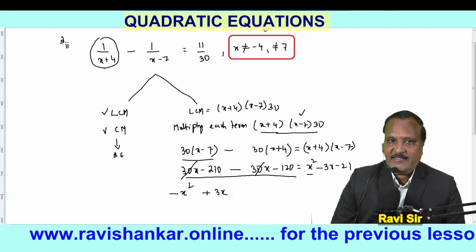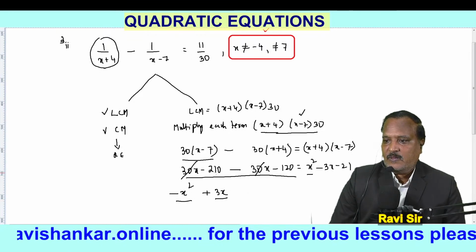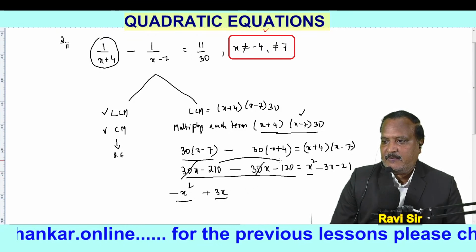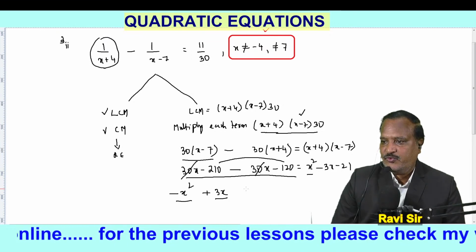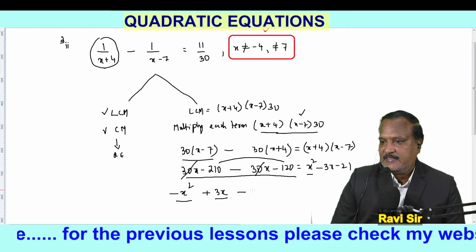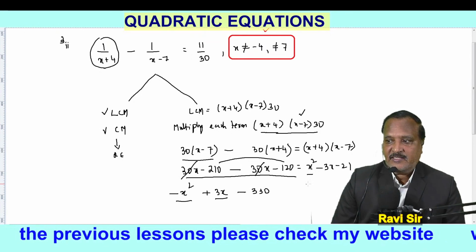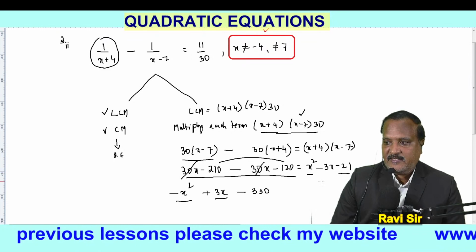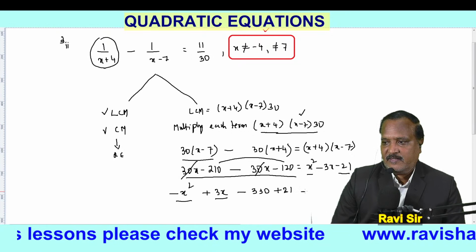Now again minus 210 minus 120. If you add these two, minus 330, this is the left hand side constant. The right hand side constant is also there. Minus 21 will become plus 21 is equal to 0.